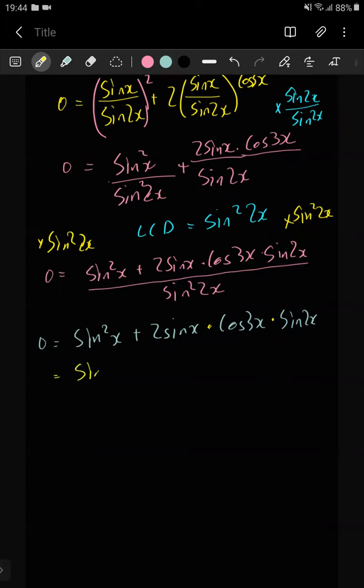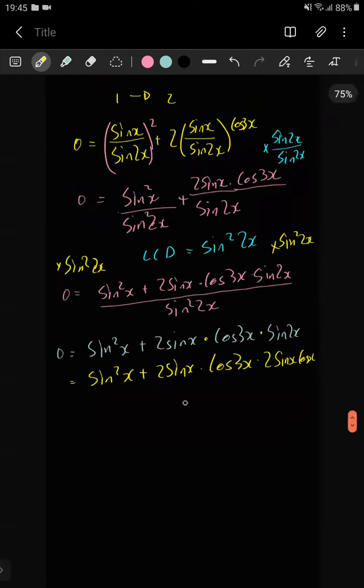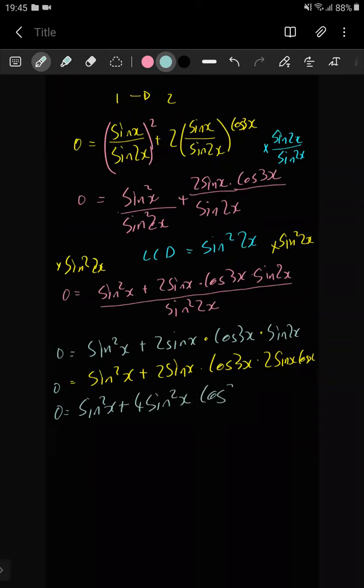So this is going to be sine squared x plus 2 sine x dot cos 3x. And then this is just going to change into the double angle, right? And then this times this is going to give you 4 sine squared x cos 3x.